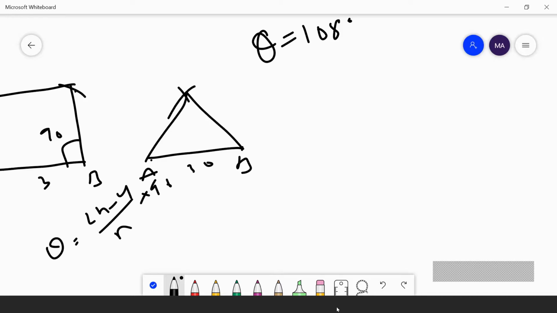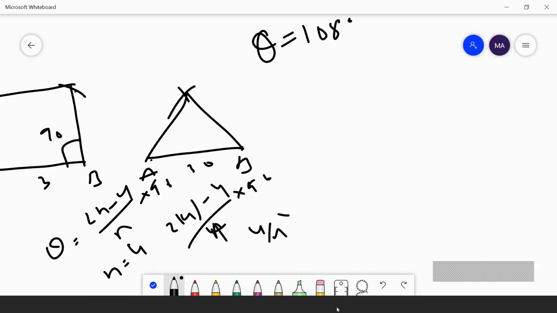If you take this square, n is equal to 4 sides. 2 into 4 minus 4, that is 8 minus 4, which is 4 by 4 into 90. So you will get an angle of 90 degrees for the square. If you consider a pentagon.